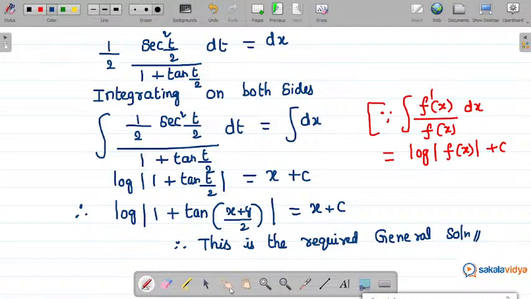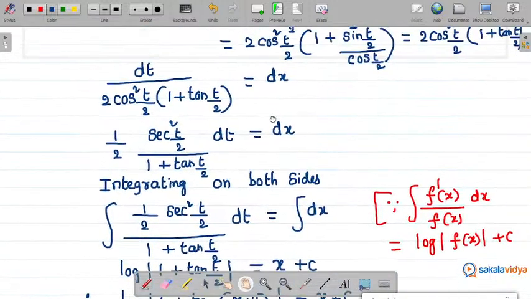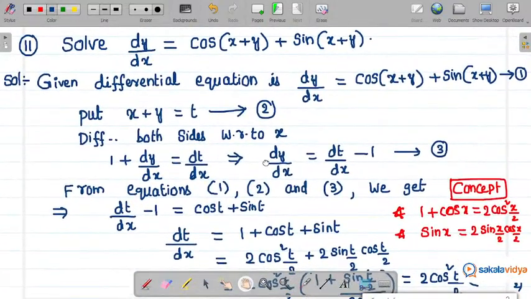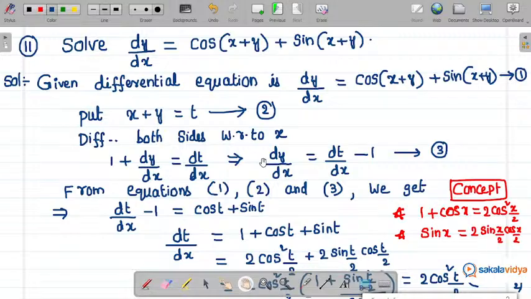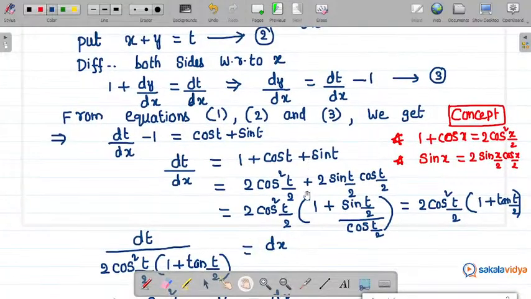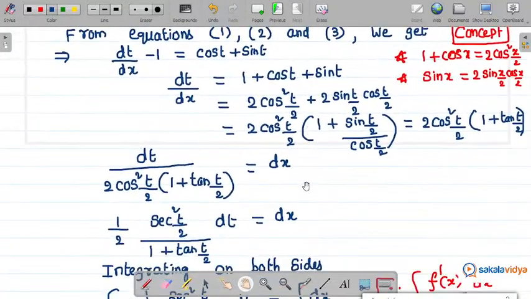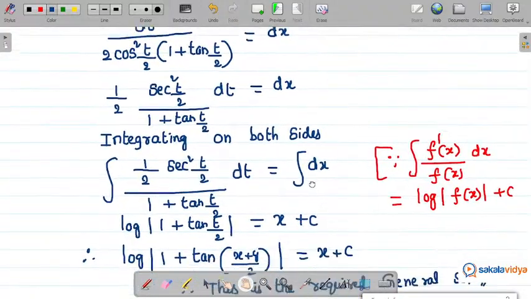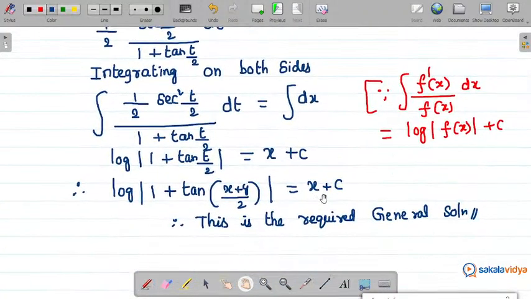I will explain this question once again in the next session also. Once again, go through this question clearly. So, this is the question; you can check it.